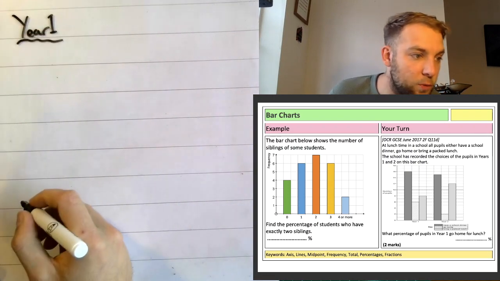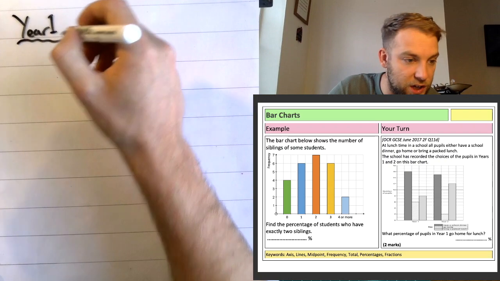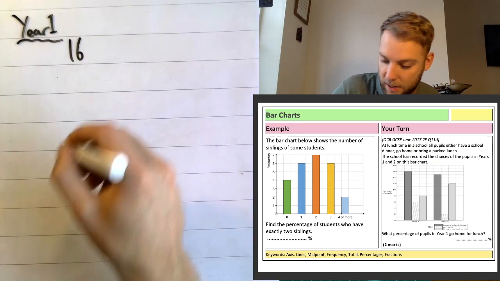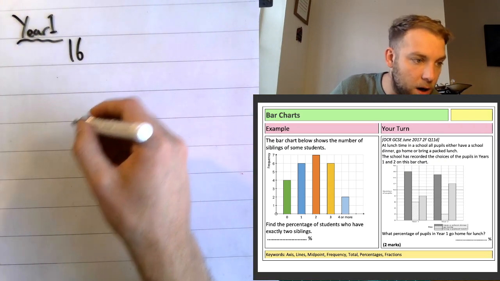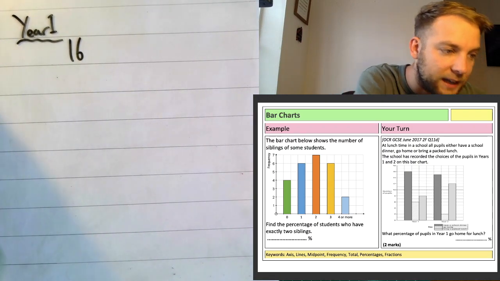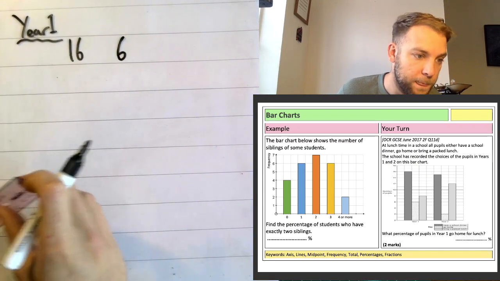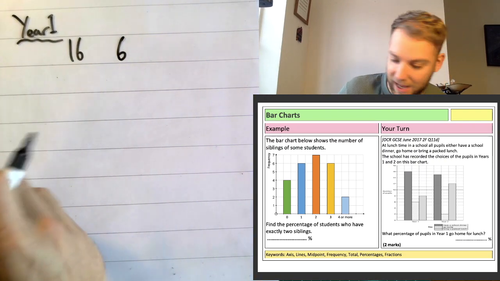Okay, so year 1, there are 16 in that dark one, which is have school dinner. Let me just use my ruler again to go across, just to make sure that's right, 6 who go home, and to bring a packed lunch, that is 8.